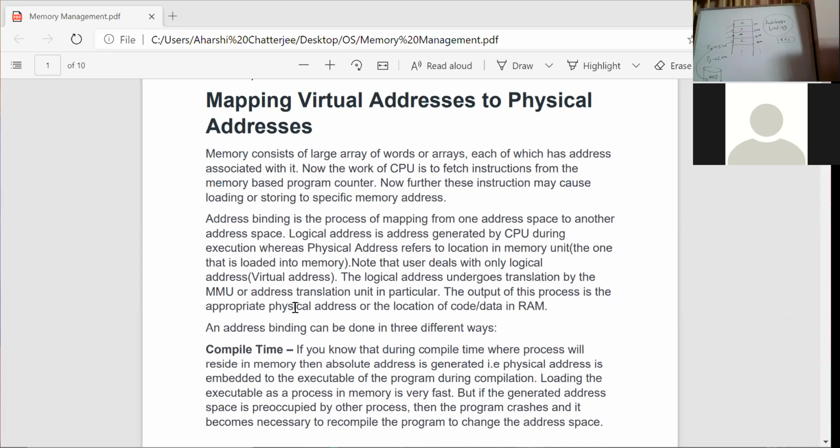Now, what is mapping? You must have done mapping in set theory.